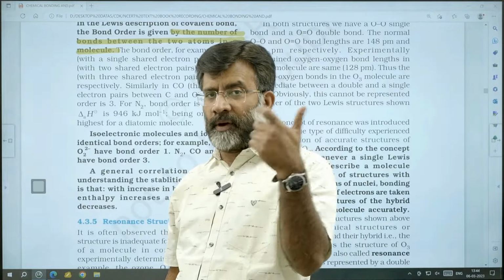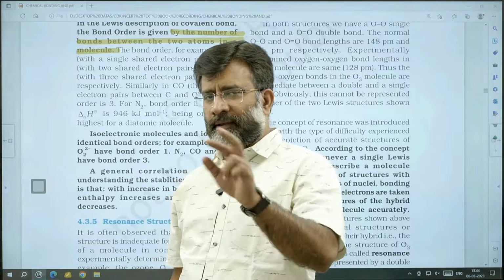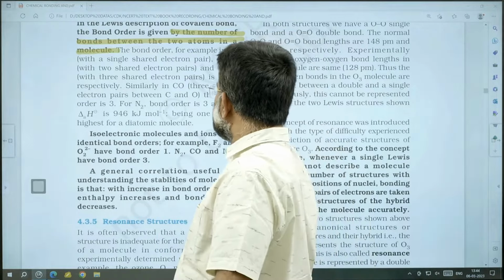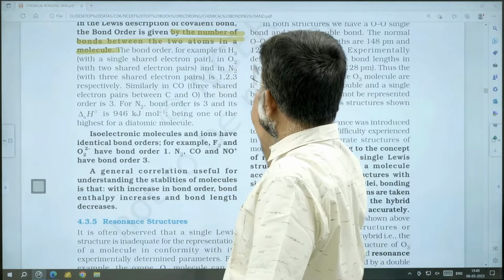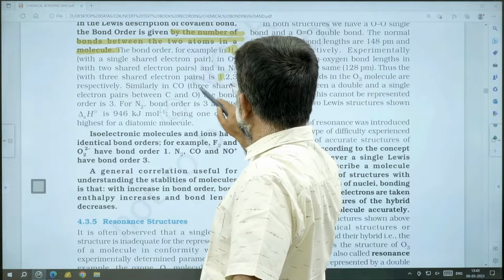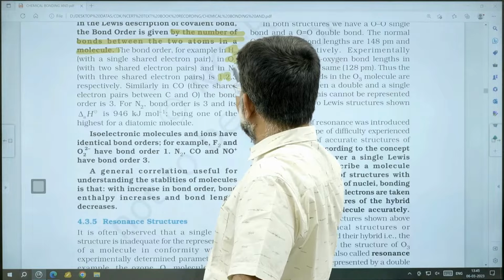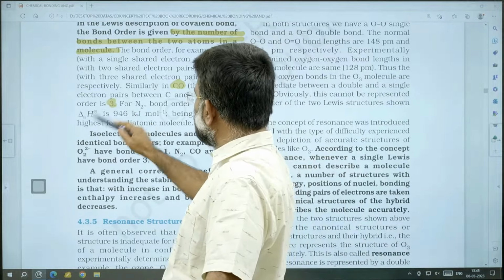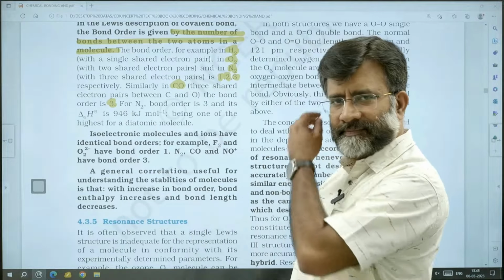O=O double bond, bond order equal to 2. N≡N triple bond, bond order is 3. All of you know, right? So if you take H2, bond order is 1, O2, bond order is 2, N2, bond order is 3, CO, bond order is 3, like that.